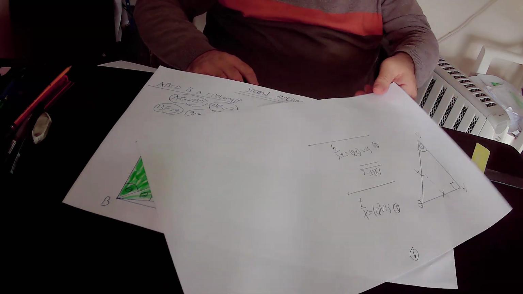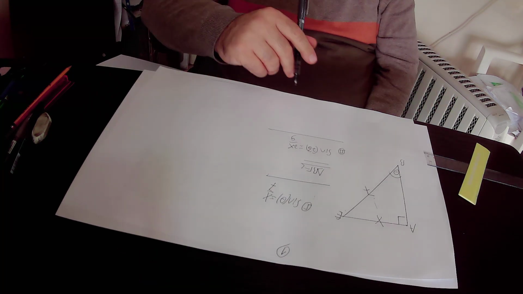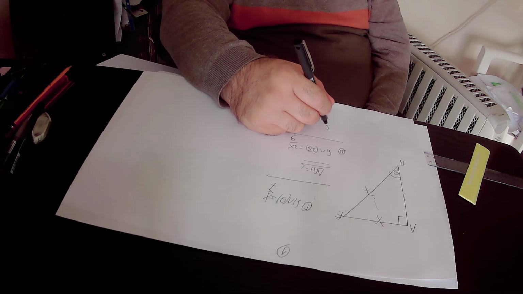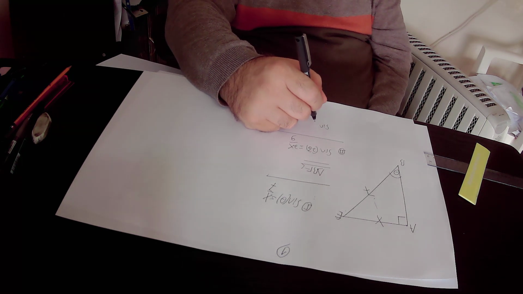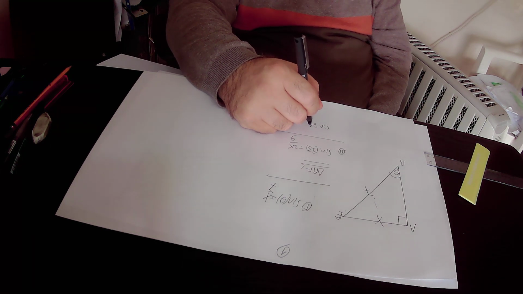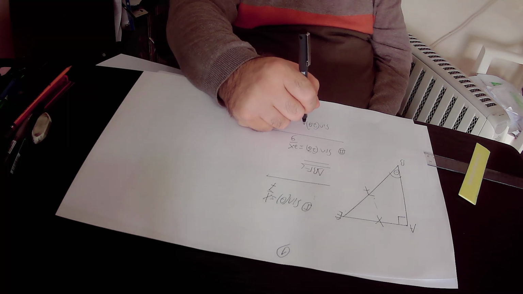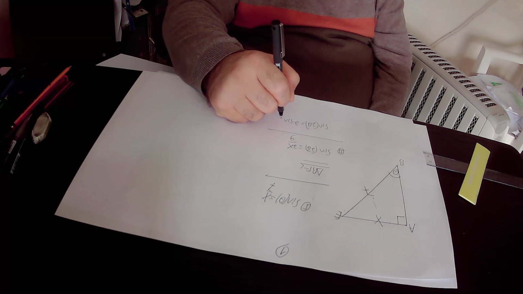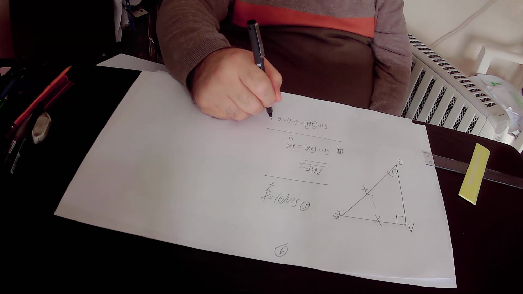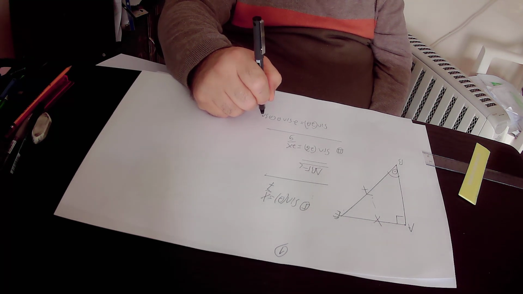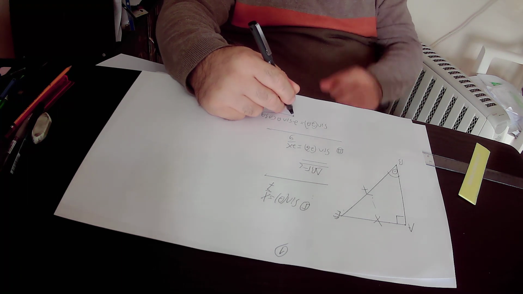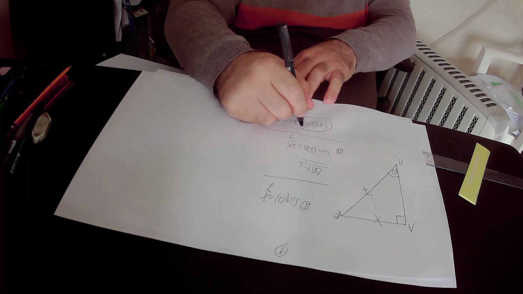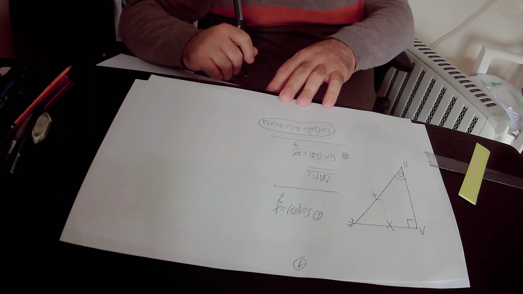But we have a trigonometric identity that states that sine 2 theta equals 2 sine theta cosine theta. I'll repeat again.